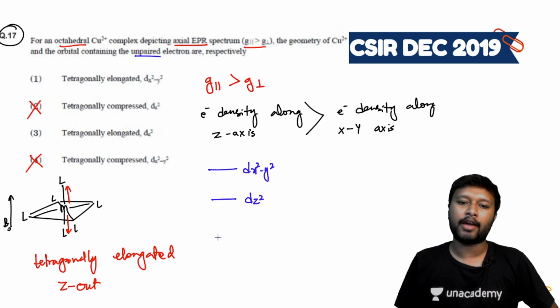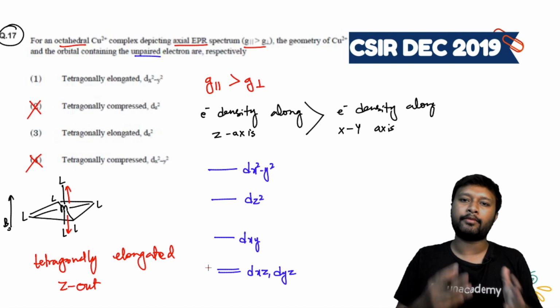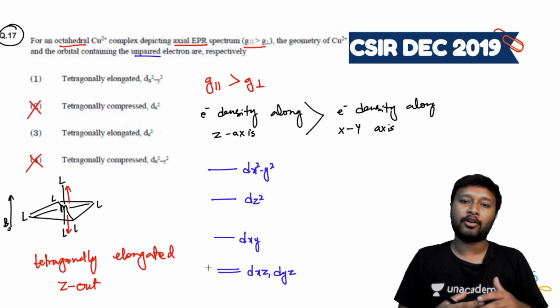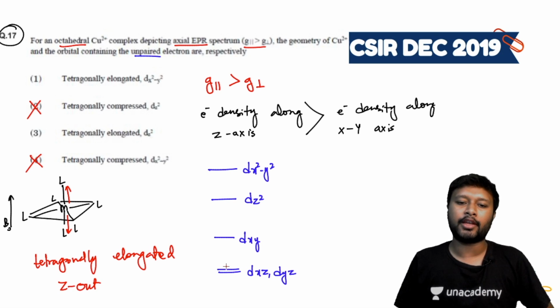And then you have dxy, and the smallest ones are your dxz and dyz. So this is how you have your electrons filled in the orbitals. And now once you are okay with this, once you have made the electronic arrangement or the splitting of the d orbitals, now you can fill the electrons here.